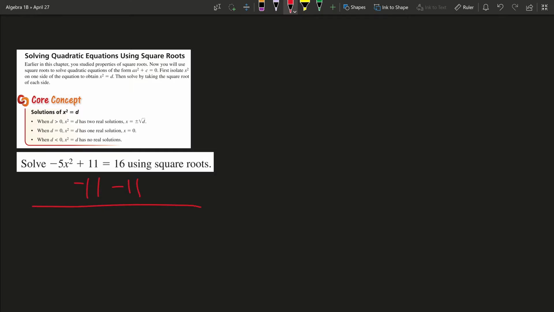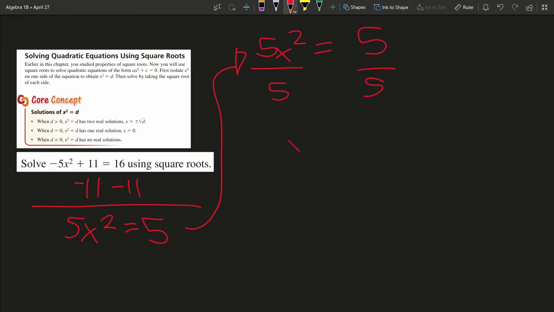Remember, start with addition and subtraction first before you multiply or divide. So now we're left with 5x squared is equal to 5. We're not quite done yet. We need x squared by itself. Right? And to do that, we can divide both sides by 5, leaving us with x squared is equal to 1.